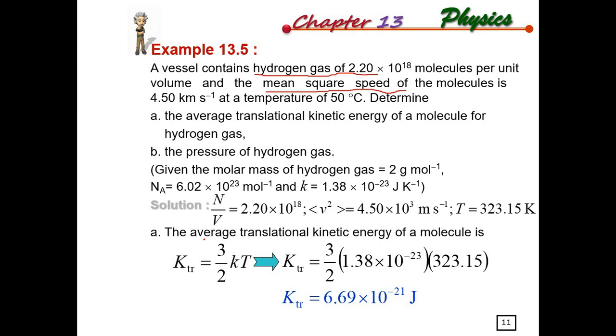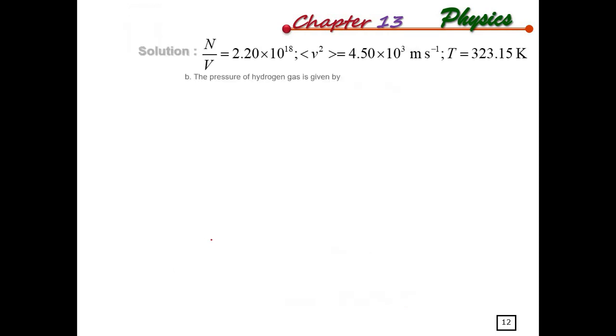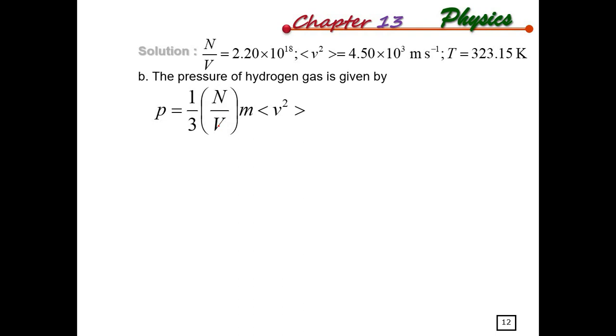B, the pressure of hydrogen gas. We are using the formula P equals 1/3 times N over V, because N over V is the number per volume, times m, and times the mean square velocity. Just putting the numbers in the equation here.